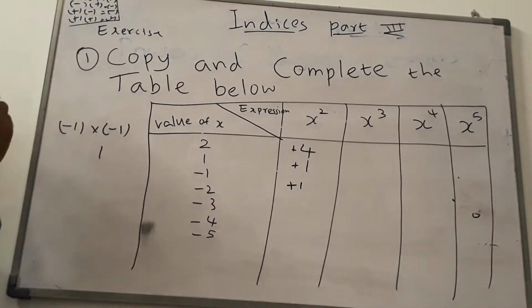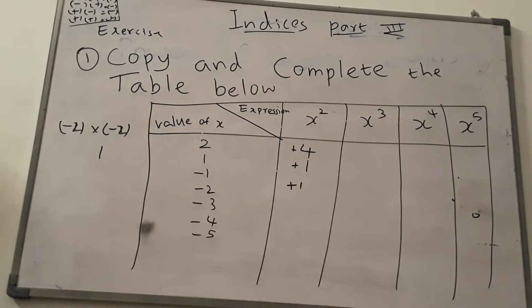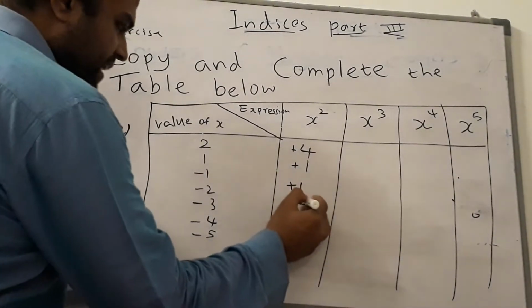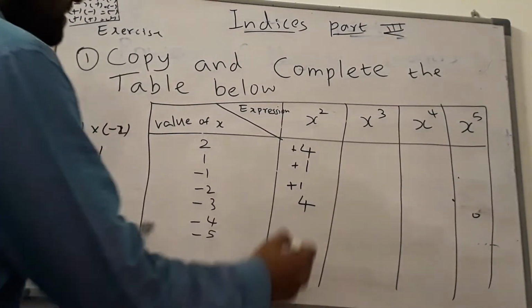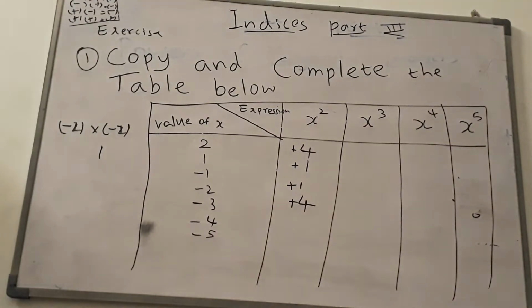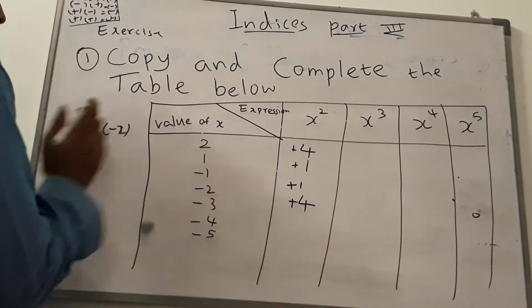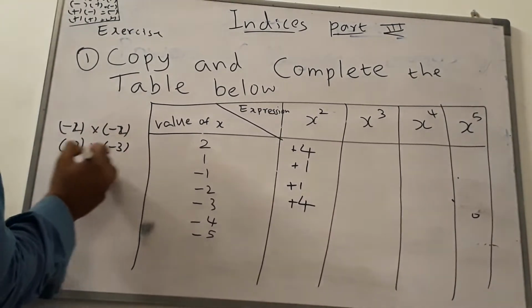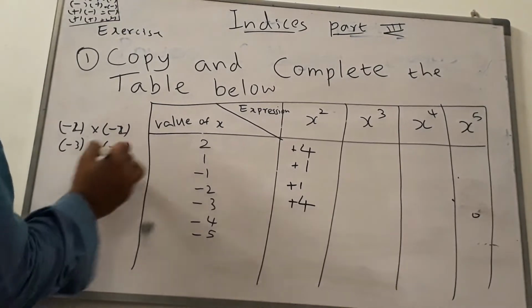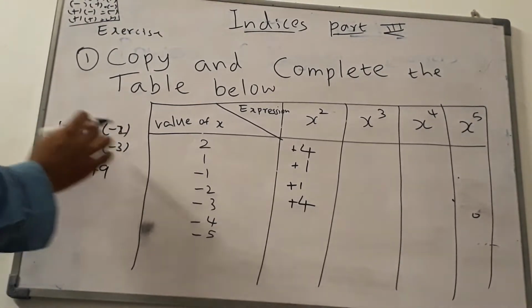Next is minus 2 times minus 2. 2 times 2 is 4, and minus times minus means plus. So minus 2 to the power 2 means plus 4. Next is minus 3. Multiplying minus 3 by itself, 3 times 3 is 9, but the sign is plus, because minus and minus are the same sign.